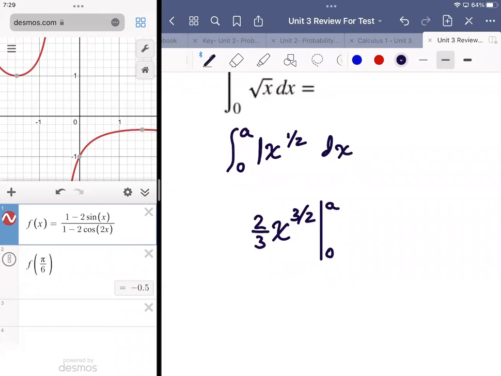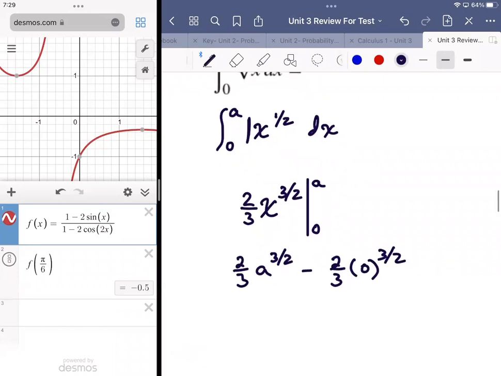So substitute 2/3 a to the 3/2 minus 2/3 times 0 to the 3/2. Second part cancels away. You're left with just 2/3 a to the 3/2.